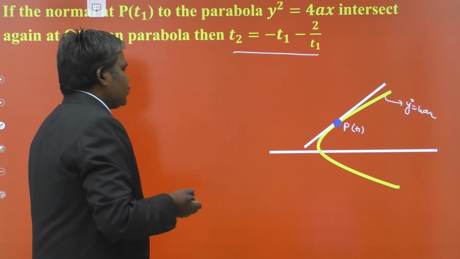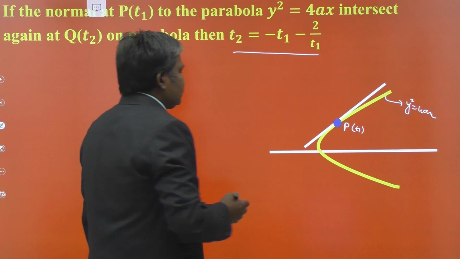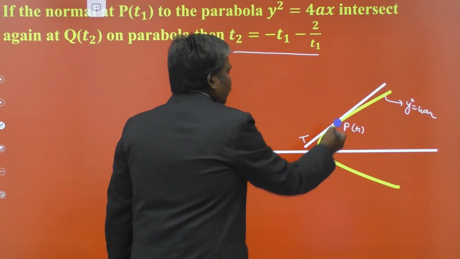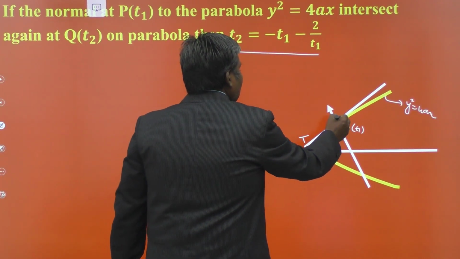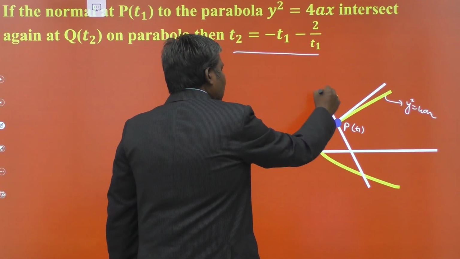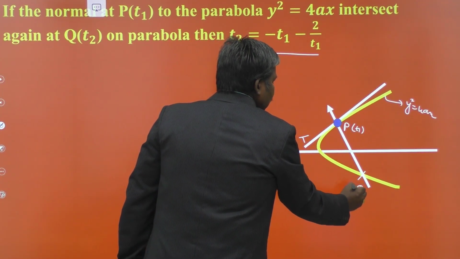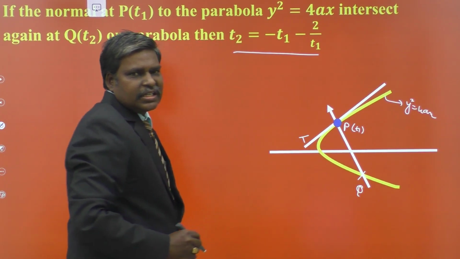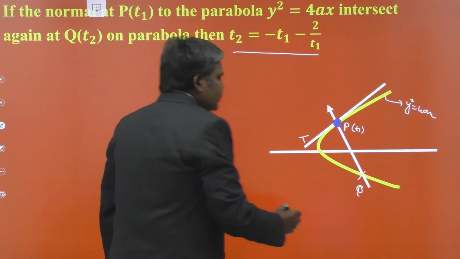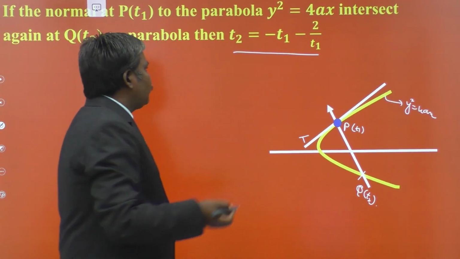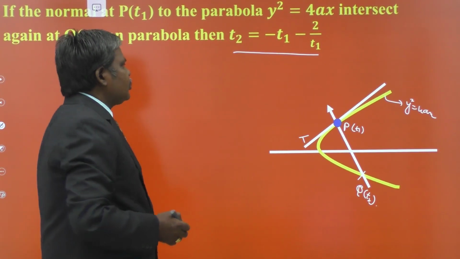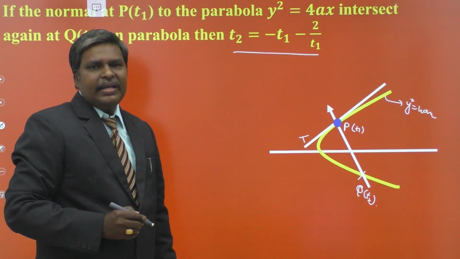For that we first draw the tangent at that point. This is the tangent to the parabola at P(t1), and this is the normal drawn at P(t1), which intersects the parabola at Q. Its coordinates are (at2², 2at2). Q(t2). Then we have to show that t2 = -t1 - 2/t1.